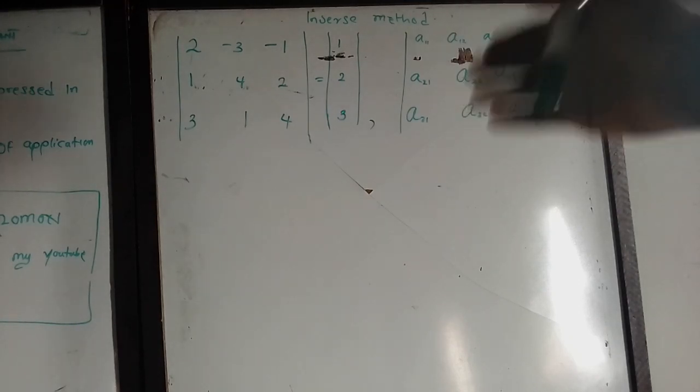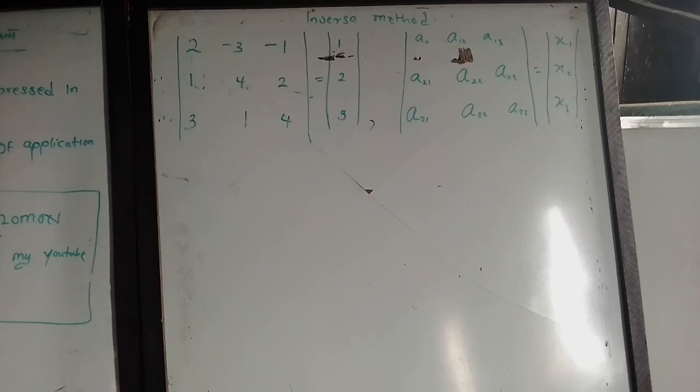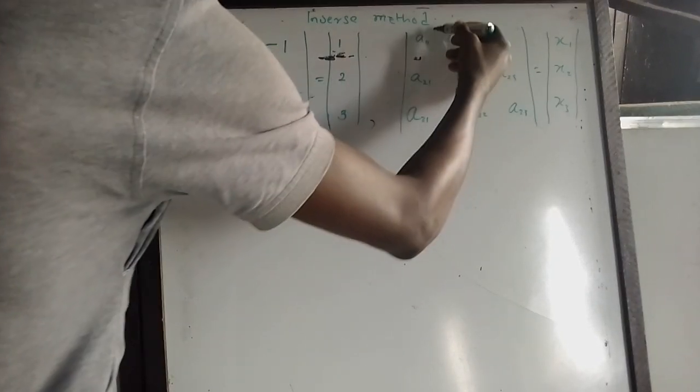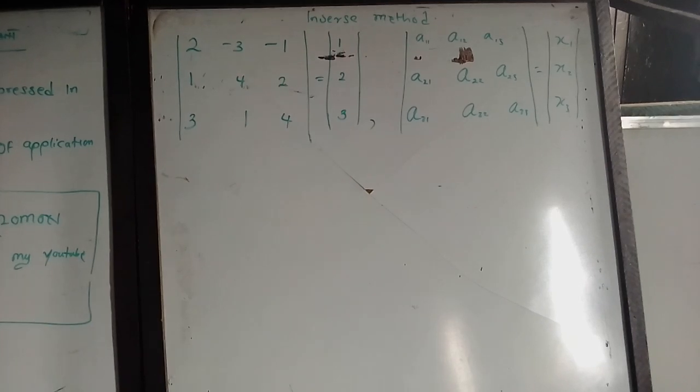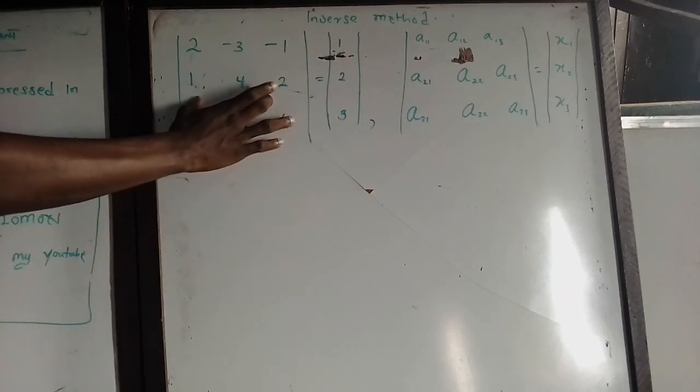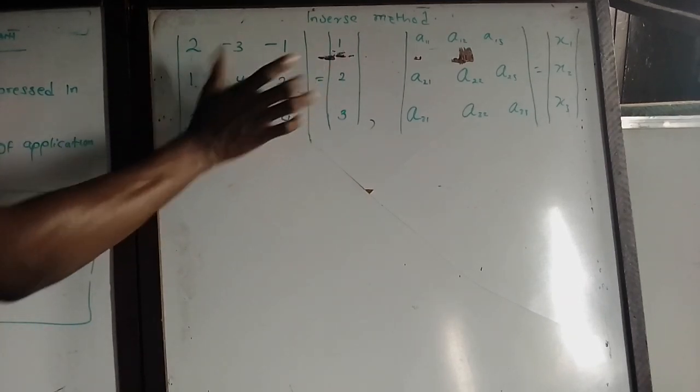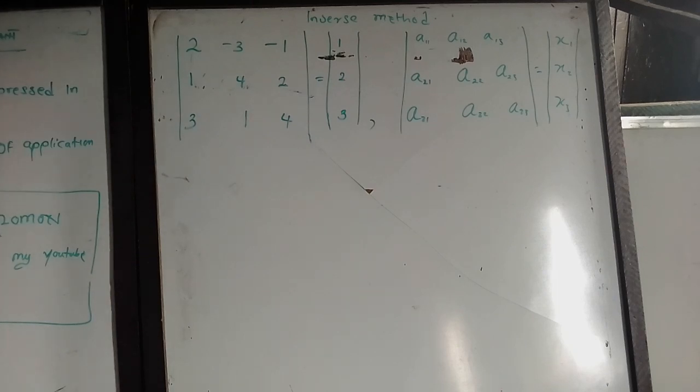You have A11, A12, A13 in a row. This is what we call a row, and this is what we call a column. This kind of matrix here is a 3 by 3 matrix.